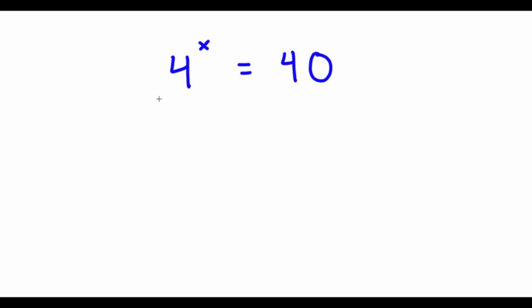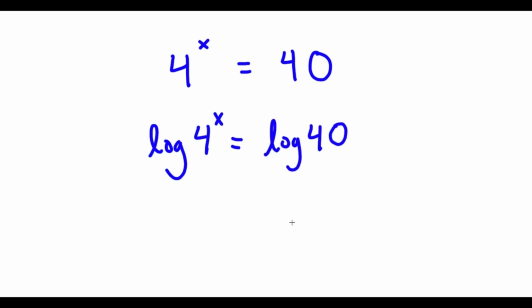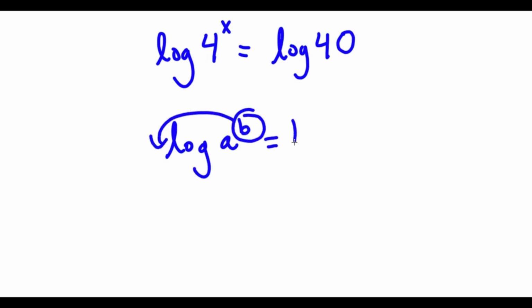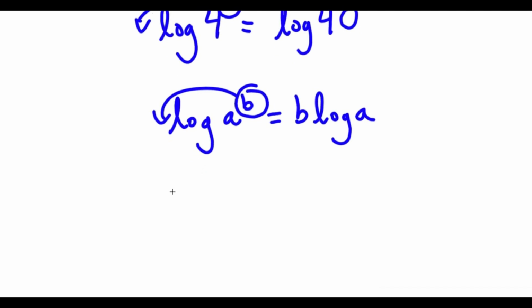Alright, so in this problem, I have 4 to the power of x is equal to 40. So to solve this, I'm going to first start by taking the log on both sides. So now I have log 4 to the power of x is equal to log 40. Now, if I have something in the form log a to the power of b, I can move this exponent b to the front. So this can equal b times log a. So in this case, I have log 4 to the power of x, so I can move x to the front.